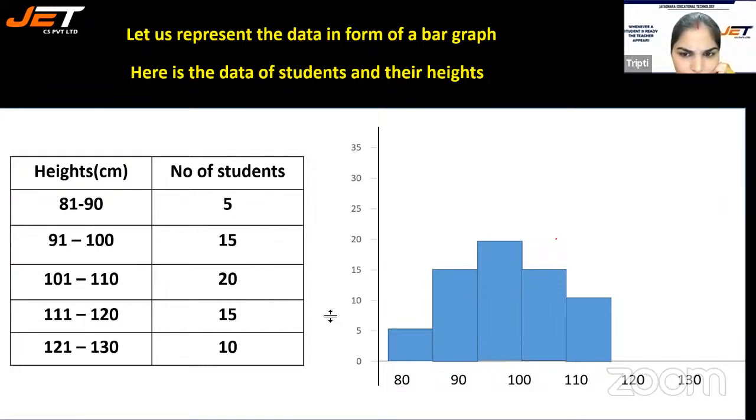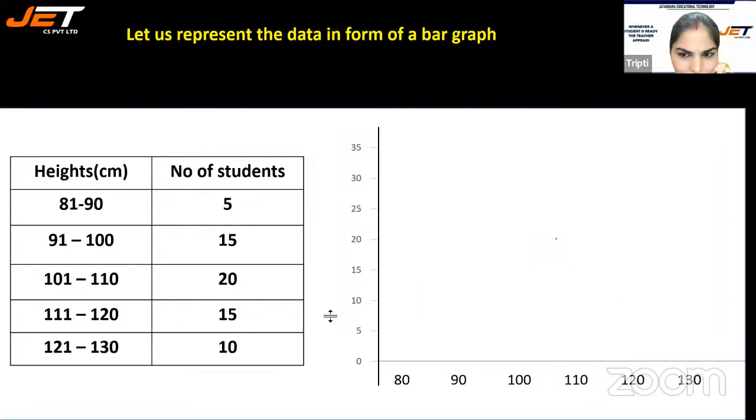Hold on. So here I will mark it like this: 91 to 100, 101 to 110 will come here.